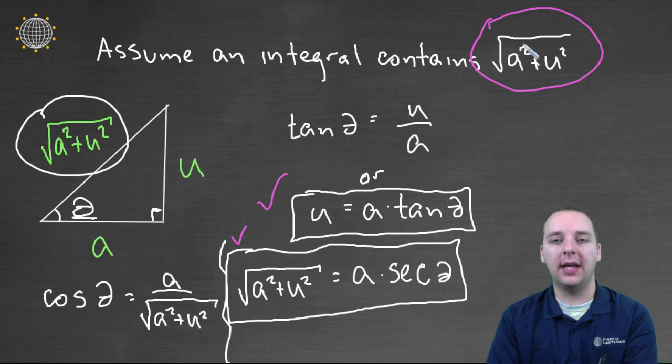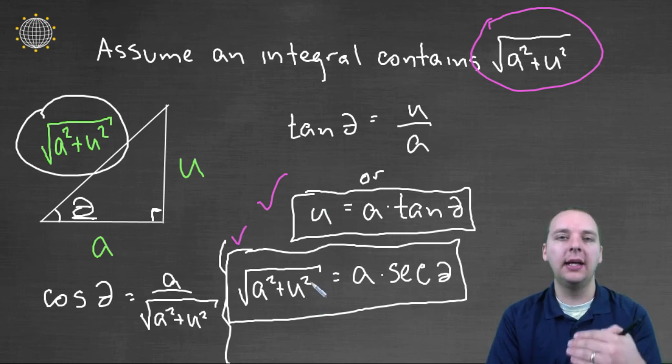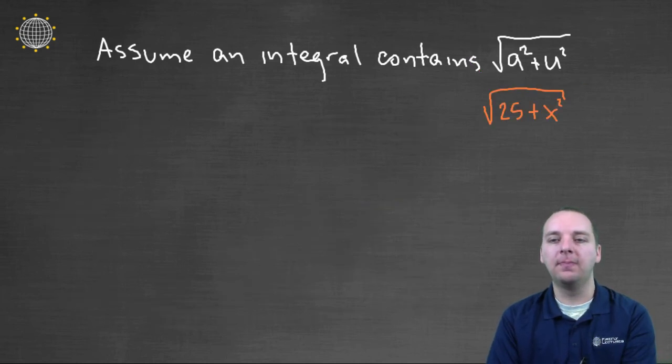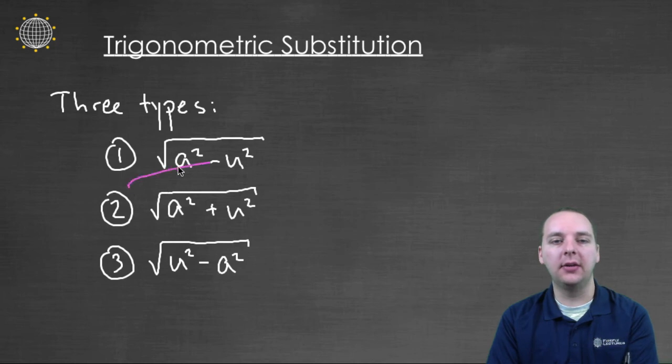If I have an integral that has a radical like this, then I'll literally make up my own right triangle right there on the page. I'll put the radical on the hypotenuse. I'll figure out what a is. I'll figure out what u is. And then I'll write my relationships. That way you can do it on the fly and lessen the things that you have to memorize.